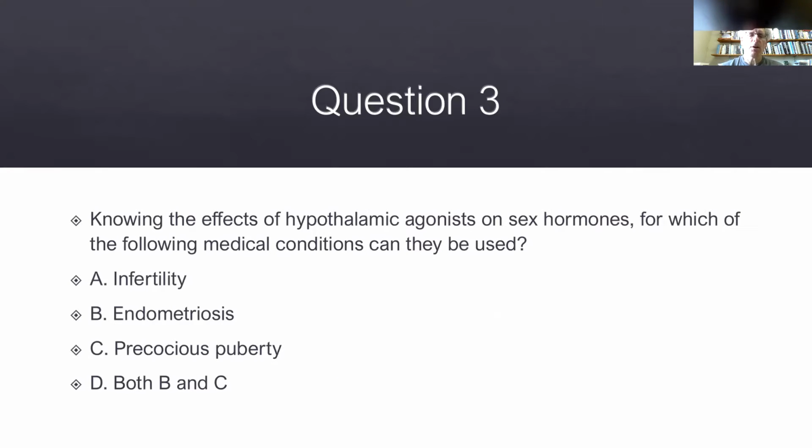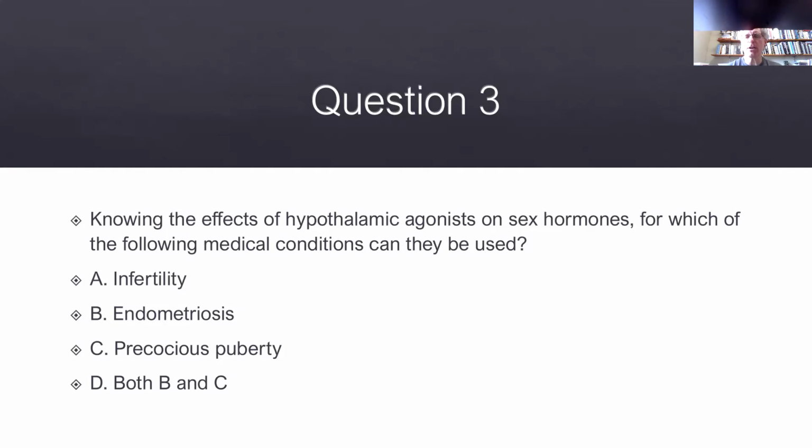Question 3. Knowing the effects of hypothalamic agents on sex hormones, for which of the following medical indications can they be used? A, infertility. B, endometriosis. C, precocious puberty. D, both B and C. The answer is D, both B and C. So the agonists decrease production of sex hormones.